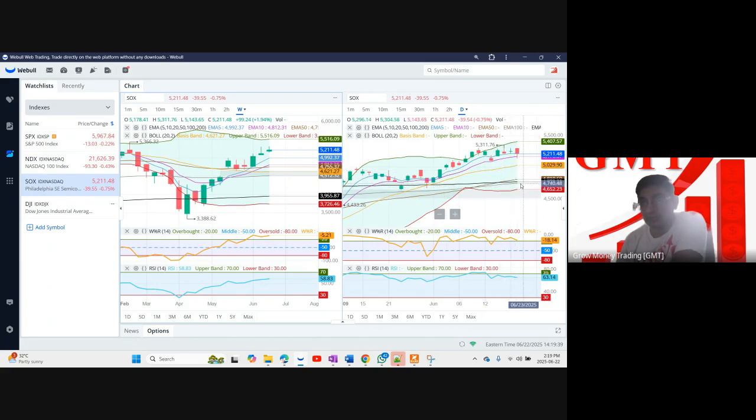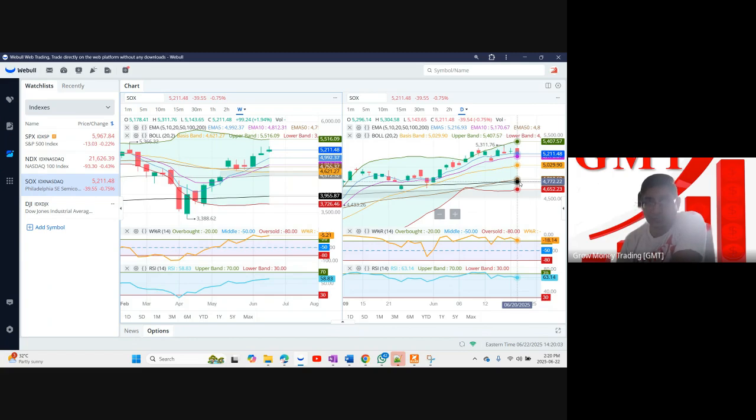The stronger support would be the multiple EMAs, which are almost merging here close to 4,772. So that would be about a 700 point drop for SOX on a daily chart.